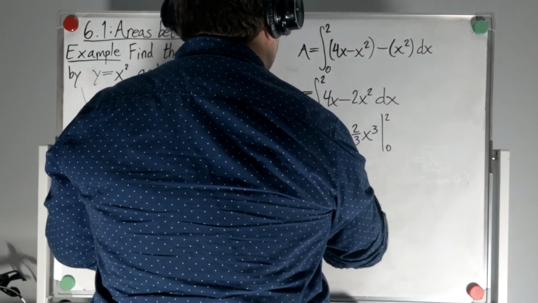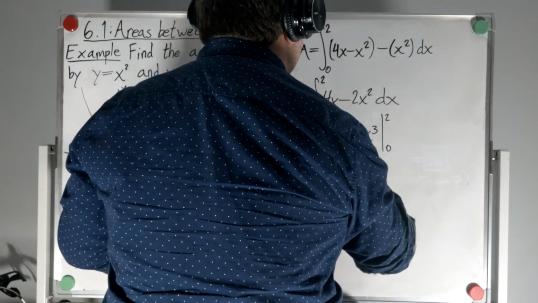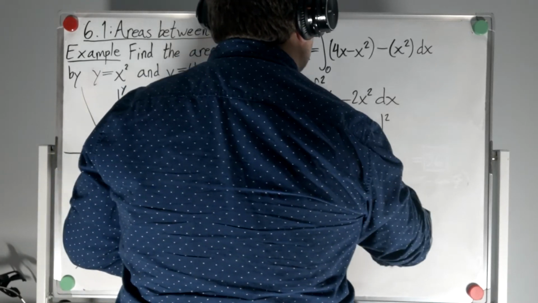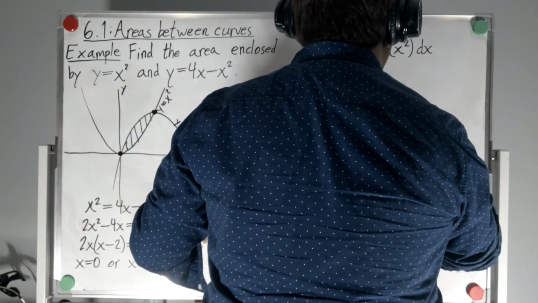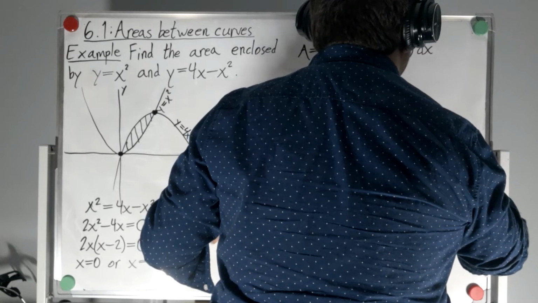This is then 2 times 2 squared minus 2/3 of 2 cubed minus 2 times 0 squared minus 2/3 of 0 cubed.